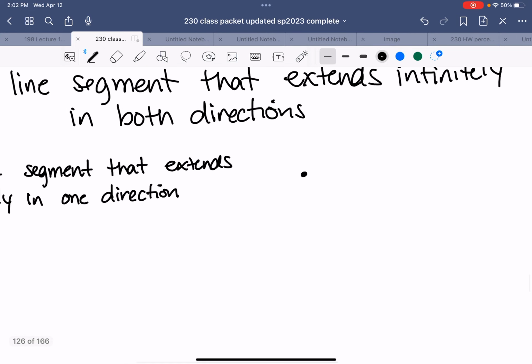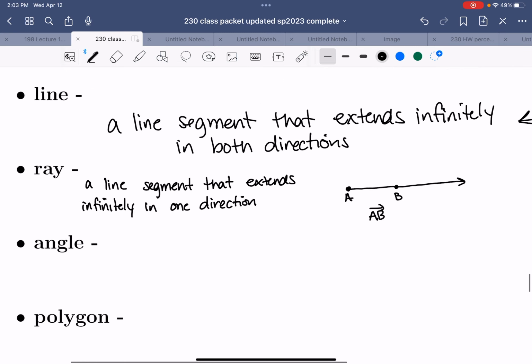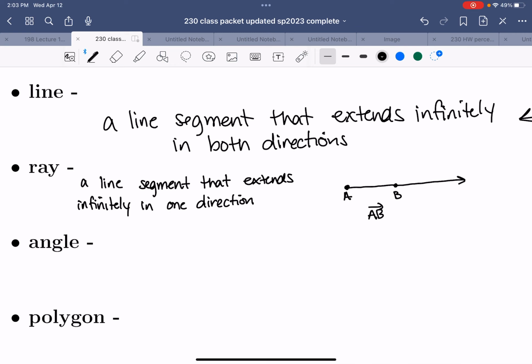So I would have 2 points, form my line segment AB, and then I'm going to extend infinitely, but only in one direction. The other end is an endpoint. So this is going to be ray AB, and we always start at the endpoint and go towards the point that we're going to infinity.